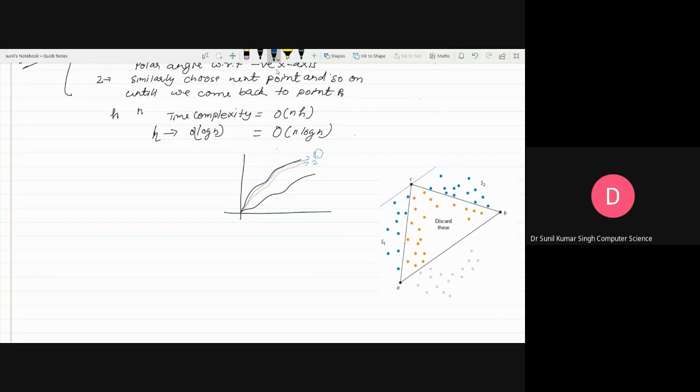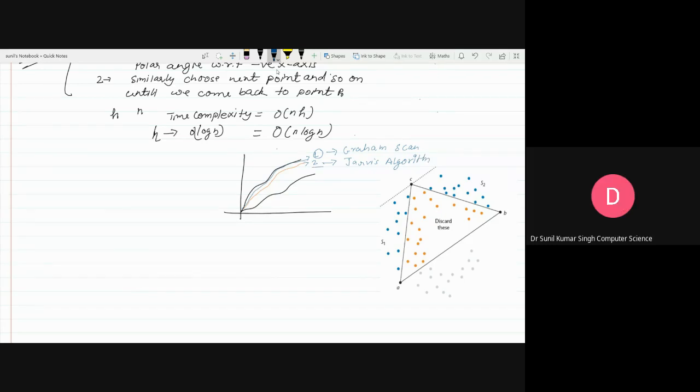So maybe here we can say that this is the complexity of the Graham scan algorithm, and 2 is indicating the complexity of the Jarvis algorithm. Or it will be inverse. Jarvis algorithm.